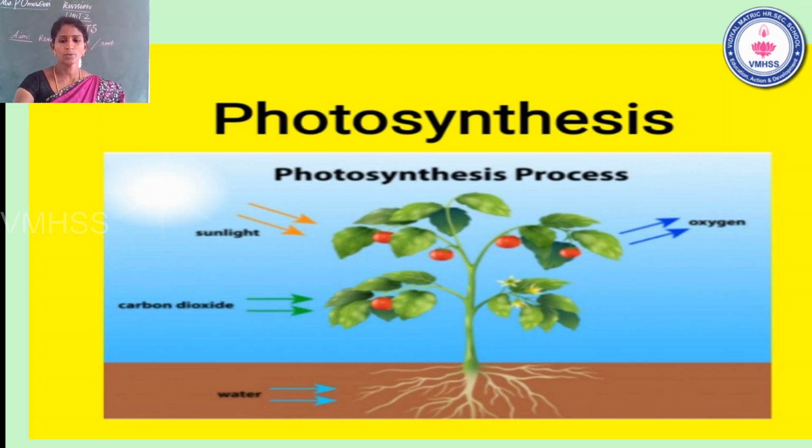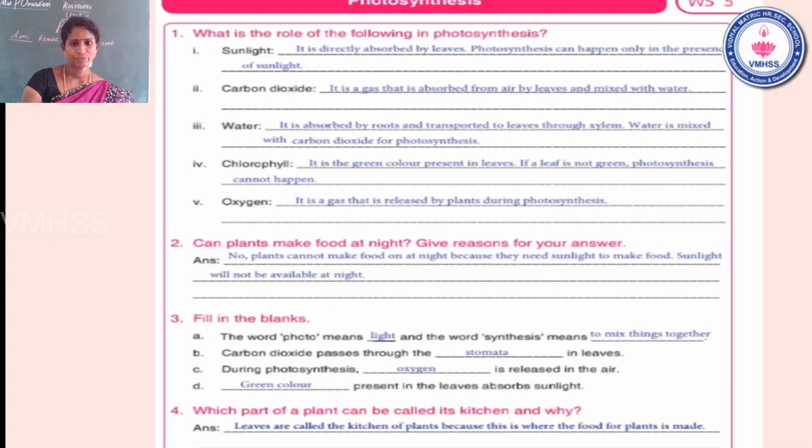Take your worksheet book and turn to page number 29. Now I will revise Unit 2, worksheet number 5, photosynthesis.